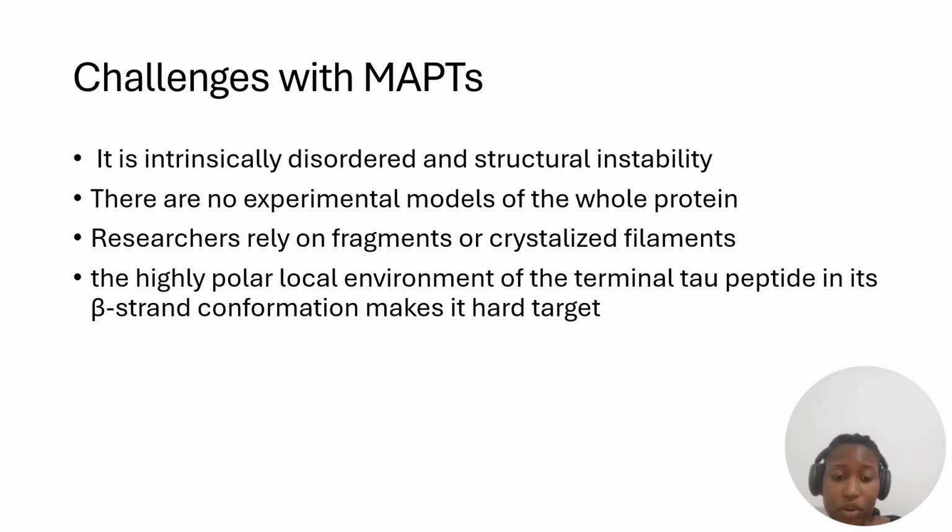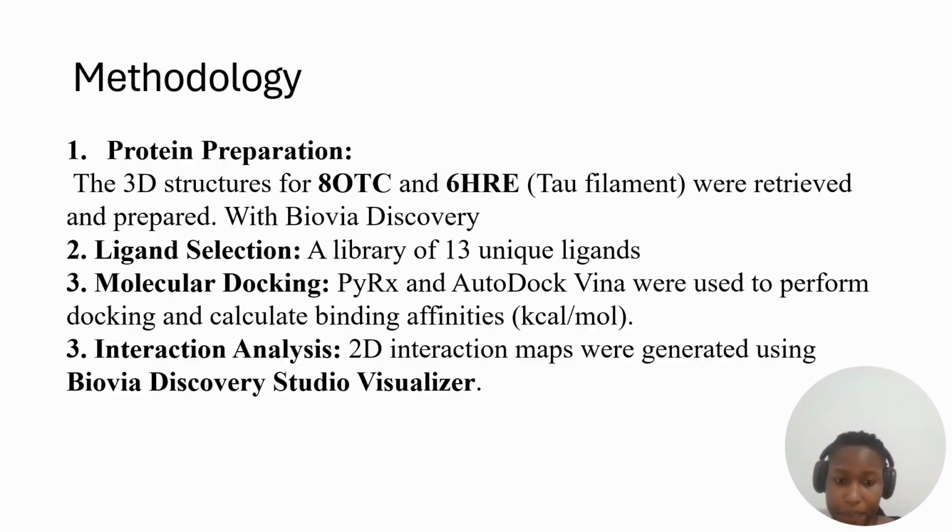In fact, there are no experimental models or crystals that show the full protein. They're usually fragments of the filaments, and that's what researchers usually use, and that's also what I use today. But the second challenge is that the binding site is incredibly polar, and that makes it very hard to target.